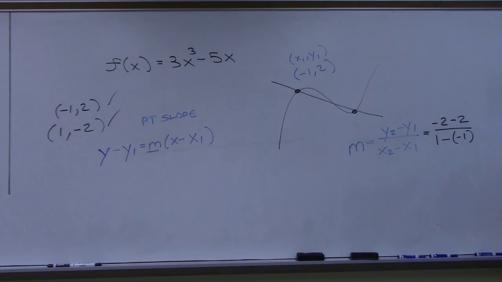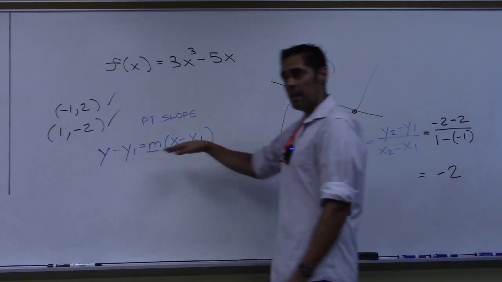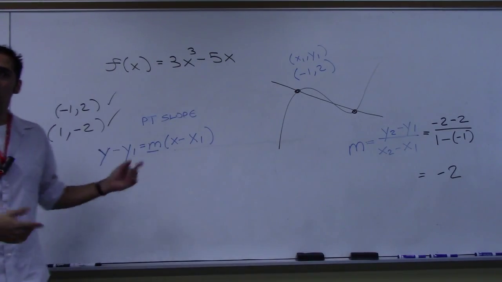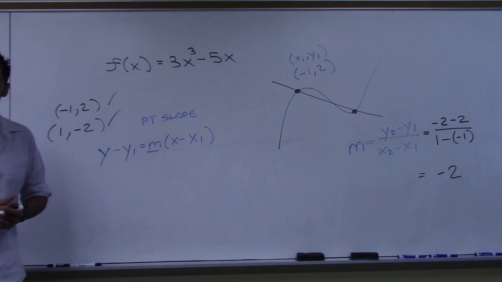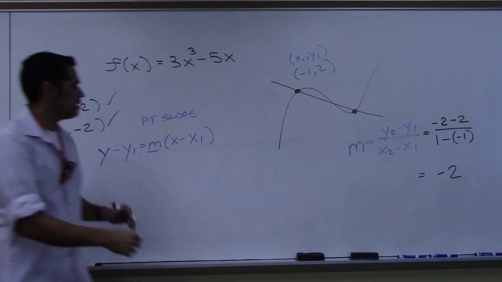So what do we get here? Negative 4 over 2, so negative 2. The slope of this line is negative 2. And we have a point on the line, so we have everything we need for the equation, yes? So let's write the equation down.